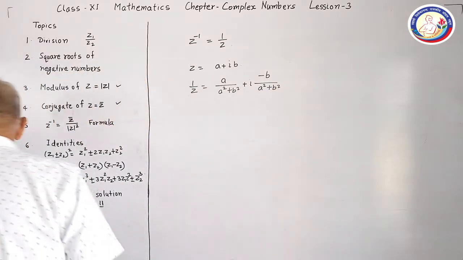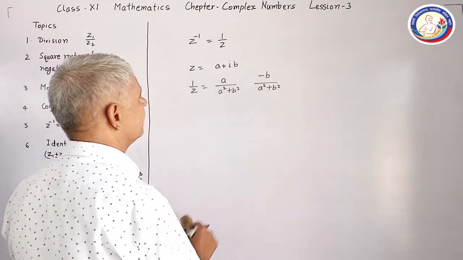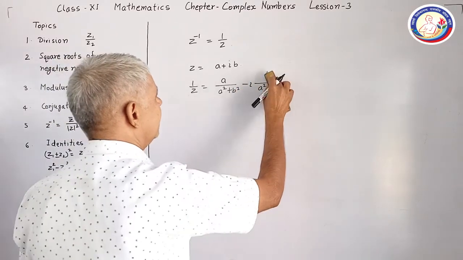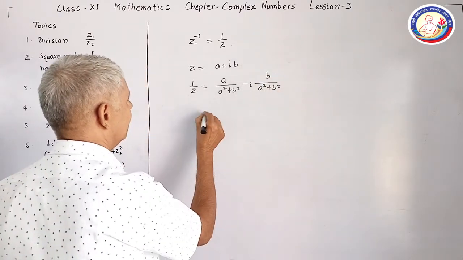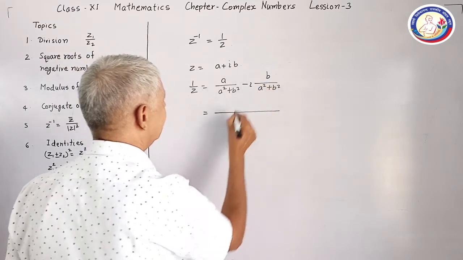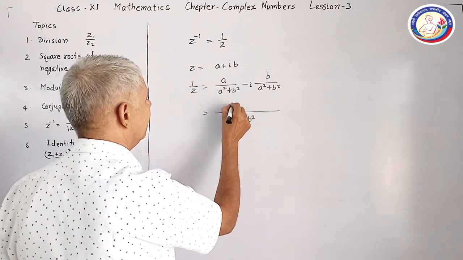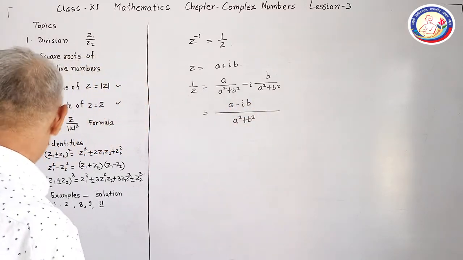Or we can write it simply with minus iota here and positive sign b upon a square plus b square. We can write it as a minus iota b over a square plus b square. What is this?